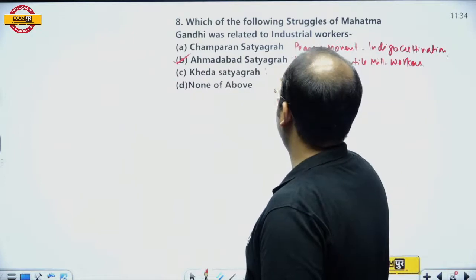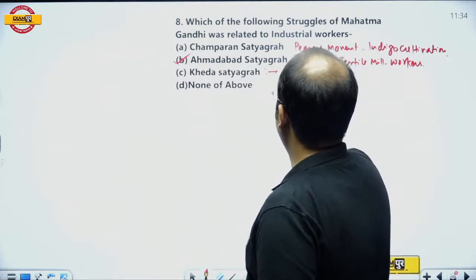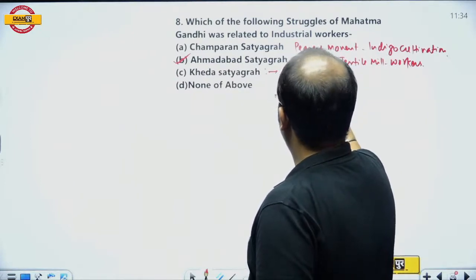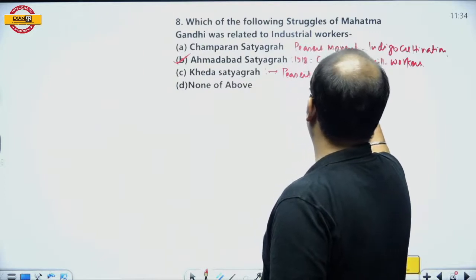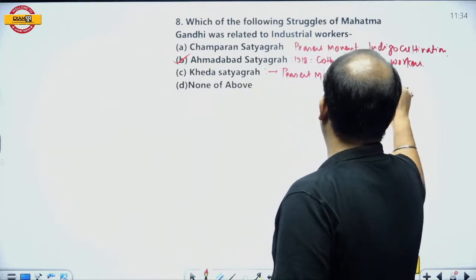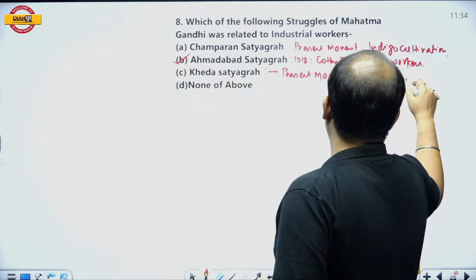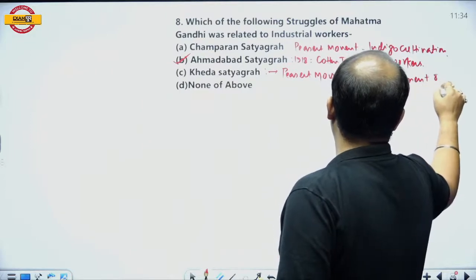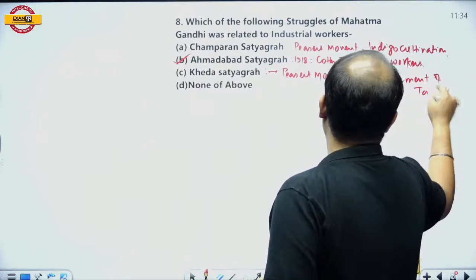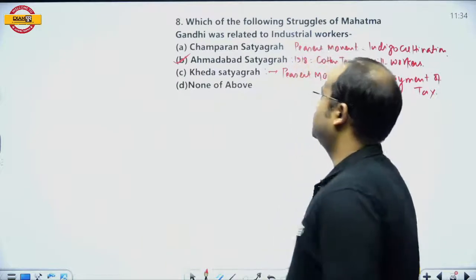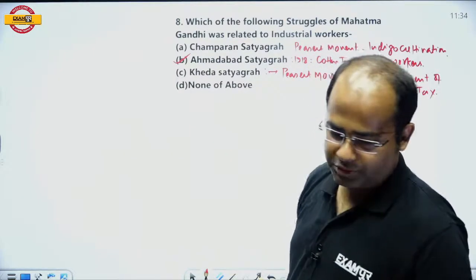Kheda Satyagrah was also a peasant movement for non-payment of tax. So the correct answer will be, guys, option B.